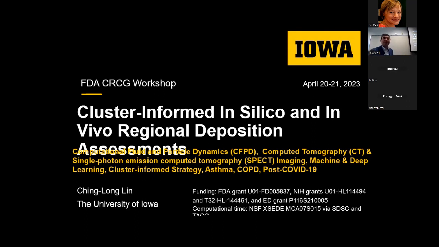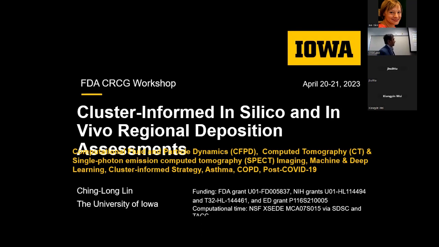So what's a cluster? Cluster is also referred to as subpopulation, subgroup, or subtype. In this presentation, in CFPD, P stands for particle. CFPD-predicted particle deposition will be compared against CT and SPECT measurements.